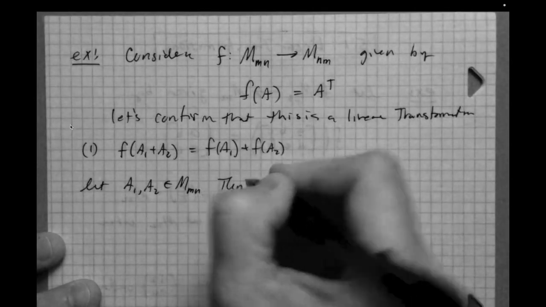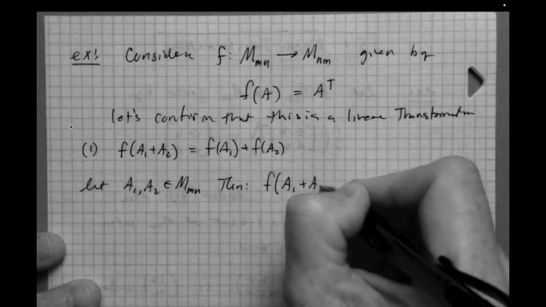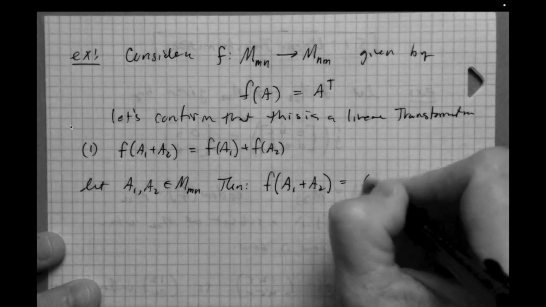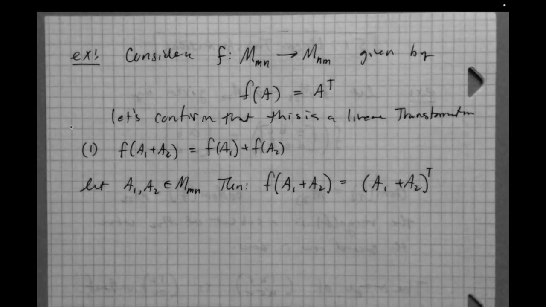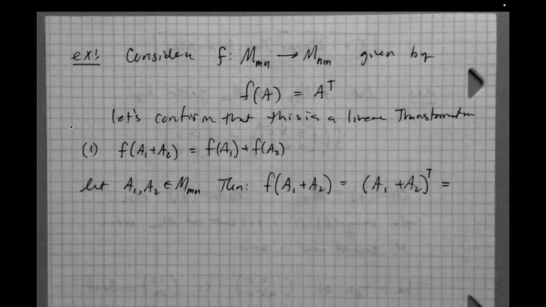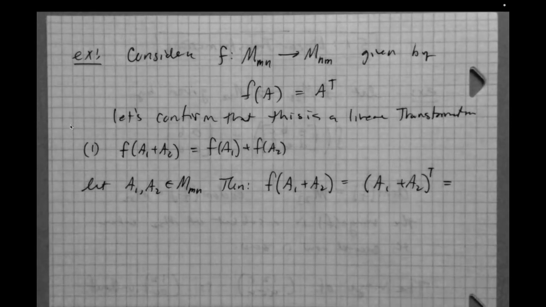Then we can apply F to them. That means (A1 plus A2) transpose. We saw this when we talked about the transposition of a matrix, early in section 1, probably lecture 3 or 4.